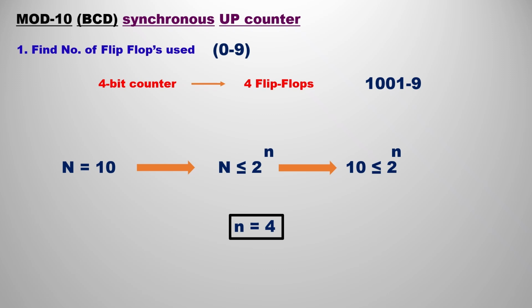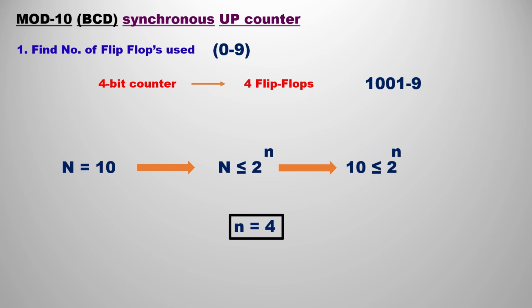As the highest one is 9, we can observe that 9 in binary is 1001. So 1001 means what? Total 4 bits. So 4 bits means that is a 4-bit counter. A 4-bit counter means we are going to use 4 flip-flops. This is one way of finding the number of flip-flops, or you can use the formula.